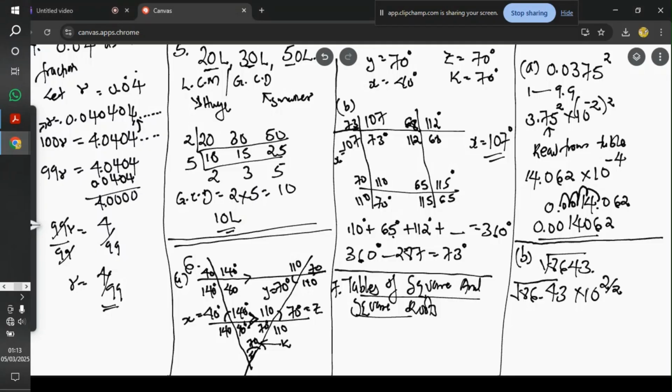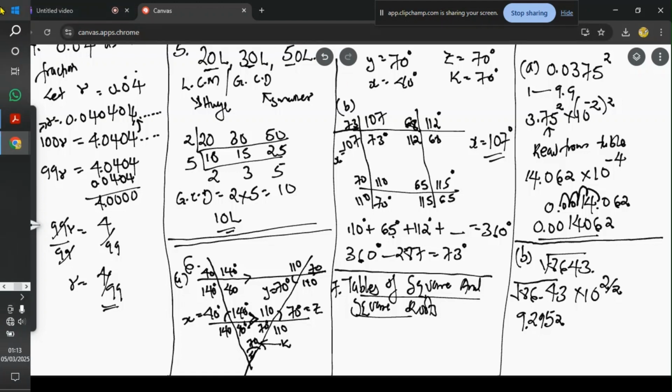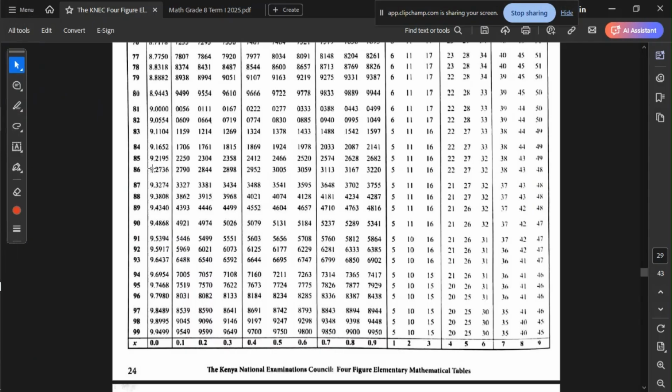I'll come here and write 2952, and the first digit there is 9 point, all these are decimals. Here we have 4, 2952. Then the last number is 3.